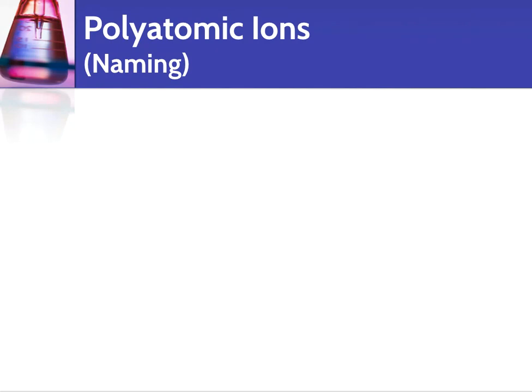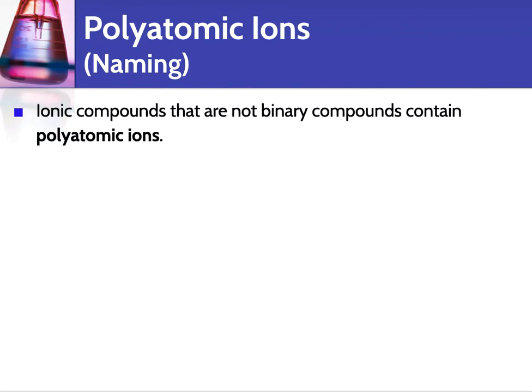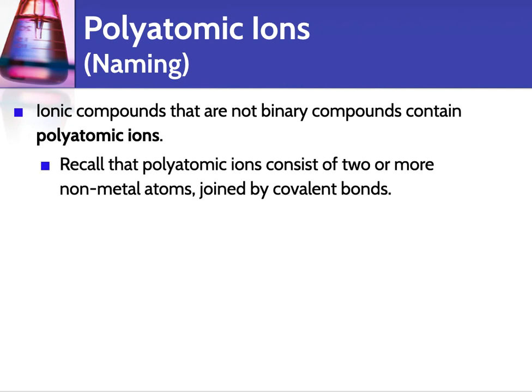So now what happens if we have a polyatomic ion? If your ionic compound is not binary, it's got more than 2 elements in it, it's going to contain a polyatomic ion. So recall that a polyatomic ion is 2 or more nonmetals joined by covalent bonds that all together have a charge.